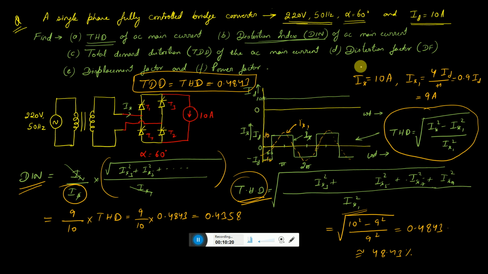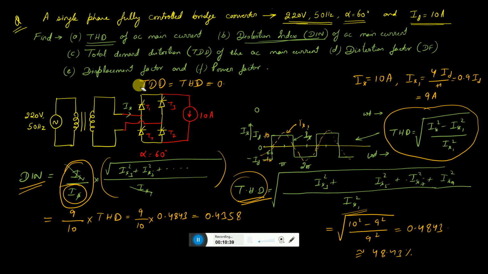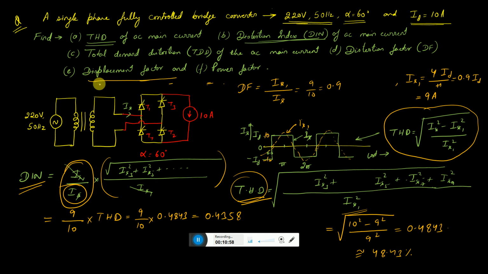Next is, what is the distortion factor, DF? We already know that IS1 by IS is the distortion factor, so the distortion factor is equal to IS1 by IS, that is 9 by 10, that is 0.9. Another is, what is the displacement factor?